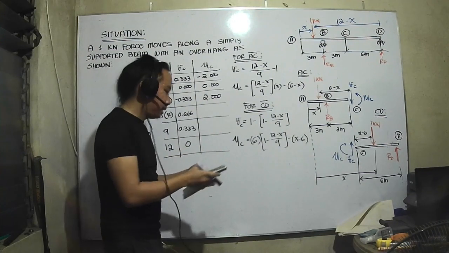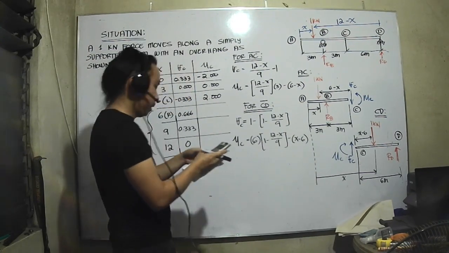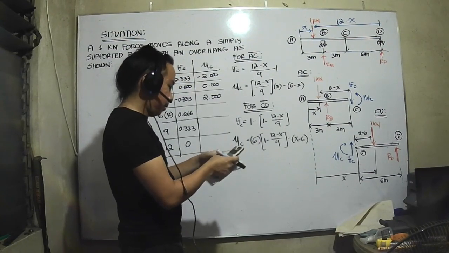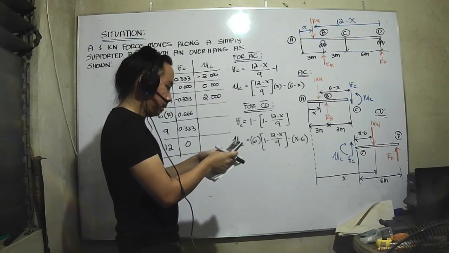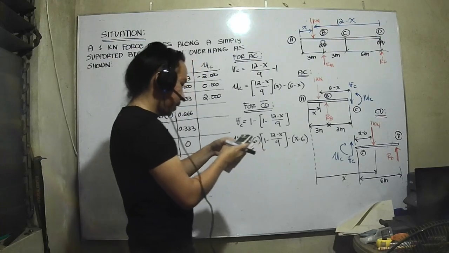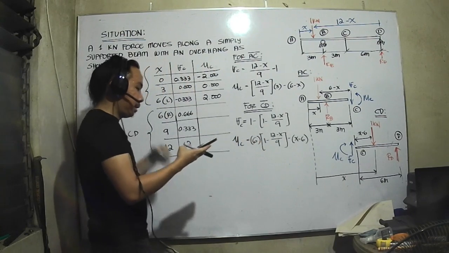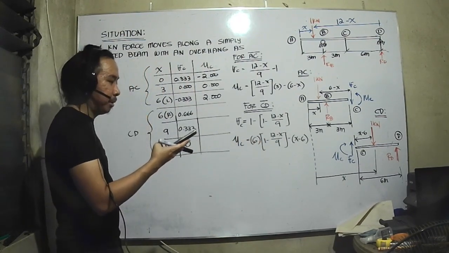Now, ang atong MC na sa diri, which is equal to 6, 1 minus 12 minus x over 9, minus x minus 6 na po dayon. Okay? So, I start with 6, end with 12, and I step with 3.